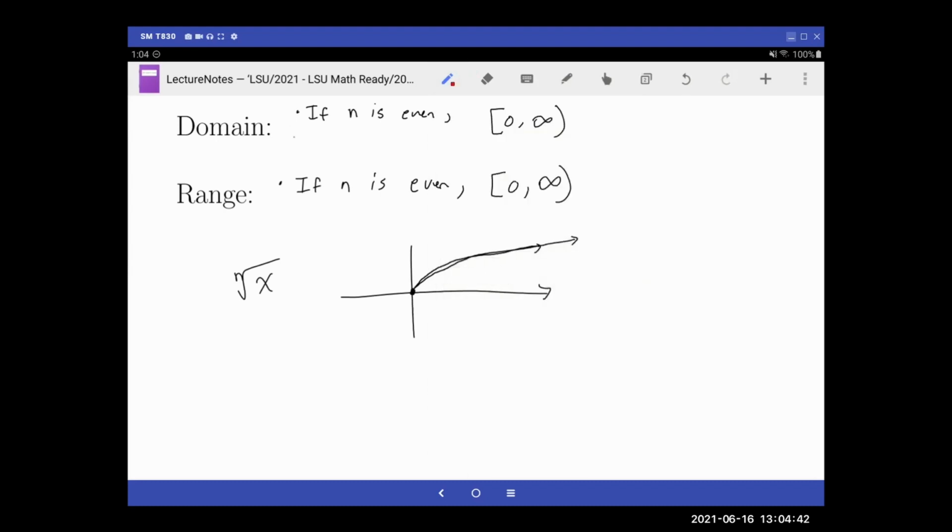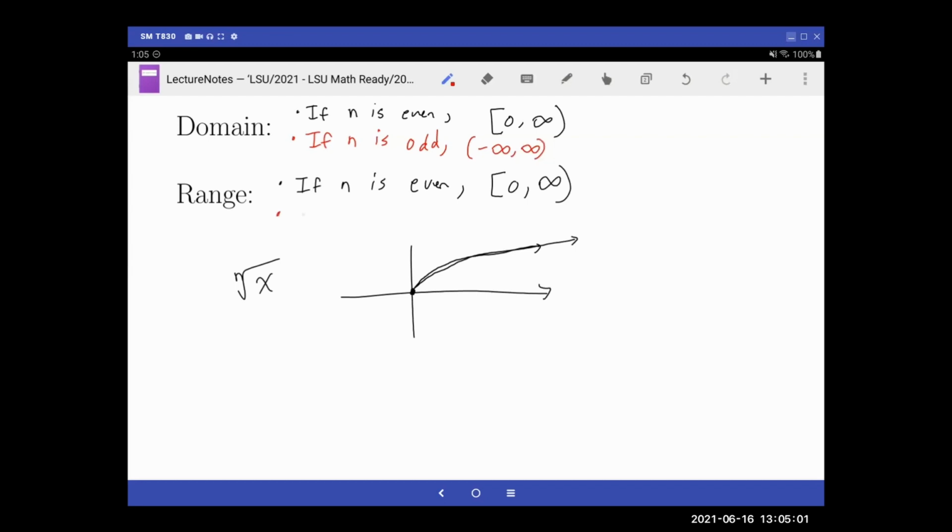Okay, so that's if the index is even. If the index is odd, then we'd say that the domain is negative infinity to positive infinity. There's no issue. Okay, if you have a cube root of a number, that number can be negative. Okay, that's perfectly fine.